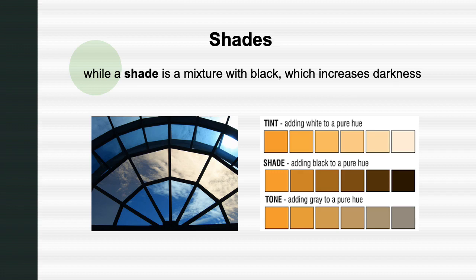Shades. A shade is a mixture with black which increases darkness. Color theory defines a true shade as any pure hue or mixture of pure colors with only black added. In other words, it contains absolutely no white or gray.